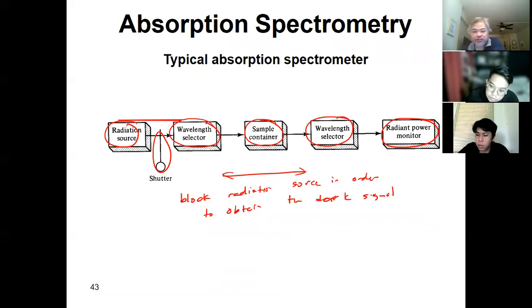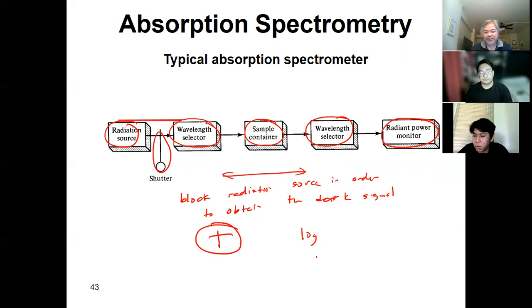Now, absorbance measurement can be made as what? What is T? Transmittance. Where absorbance A is calculated manually, or the logarithmic conversion can be done electronically or with computer software, and the absorbance A is displayed on the readout system.